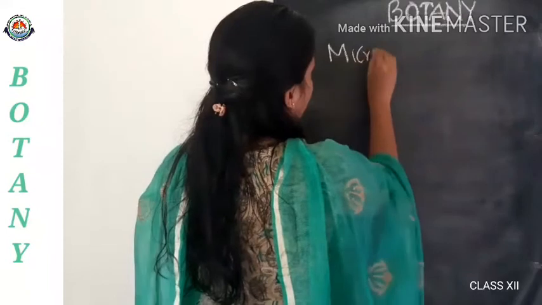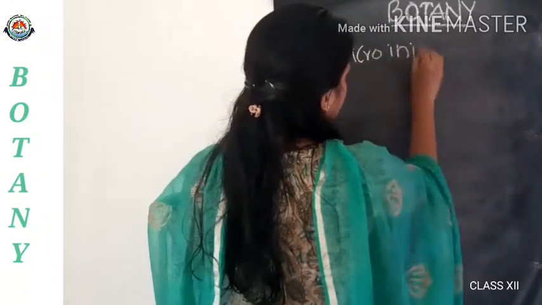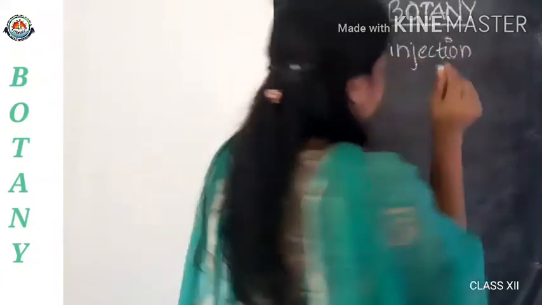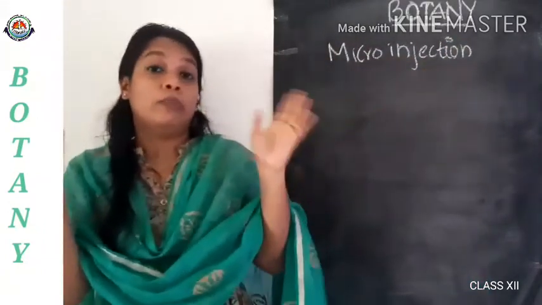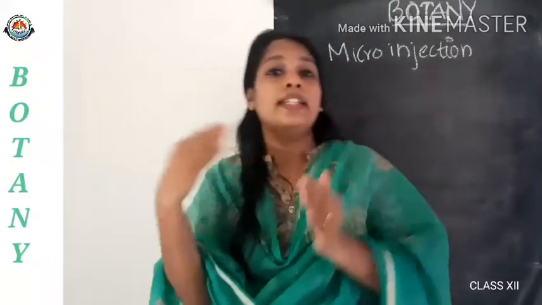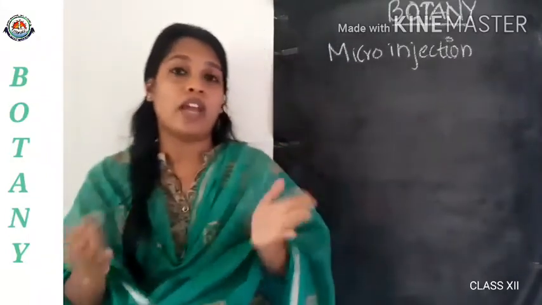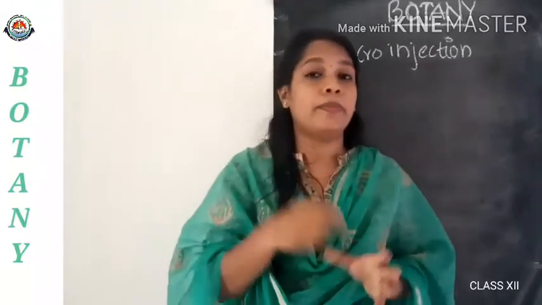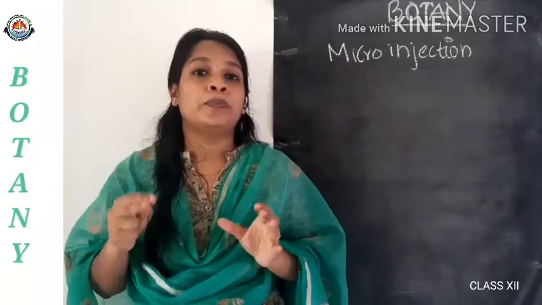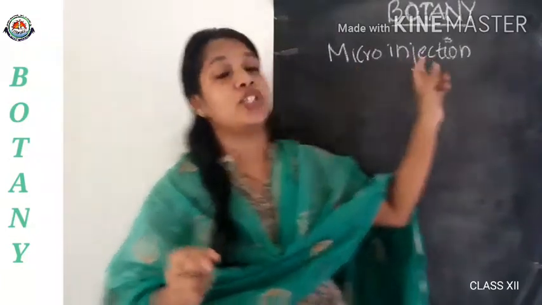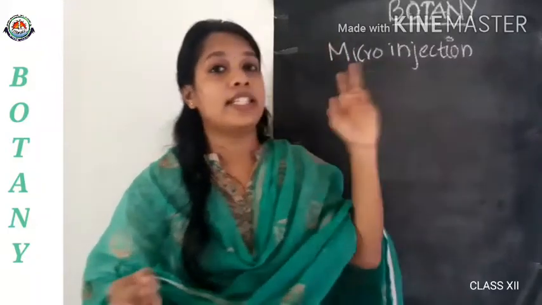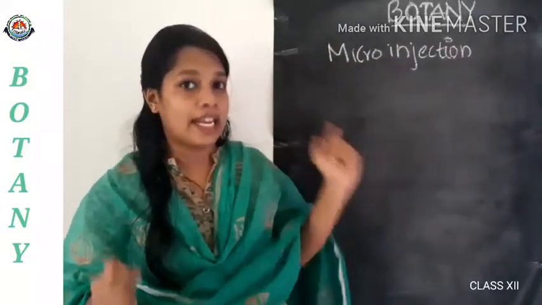Micro injection. The first technique we have discussed is giving alternating cooling and heating treatment so that the DNA is taken up within the bacterial cell, and by micro injection, the alien DNA is injected directly into the nucleus of the animal cell.